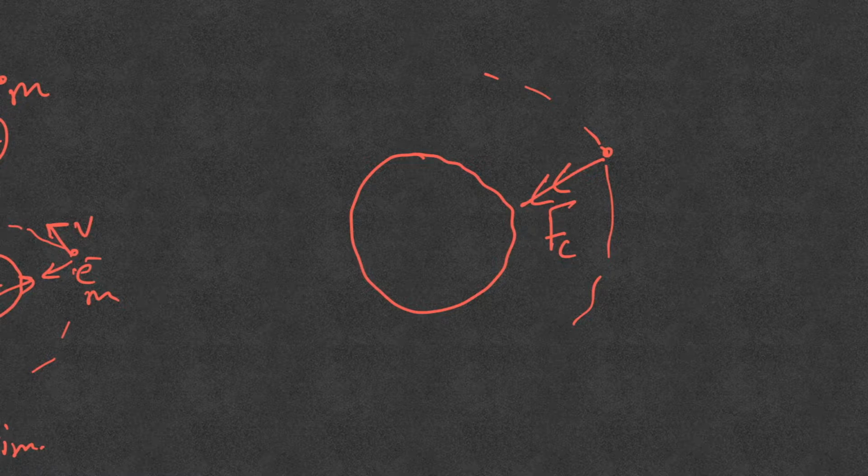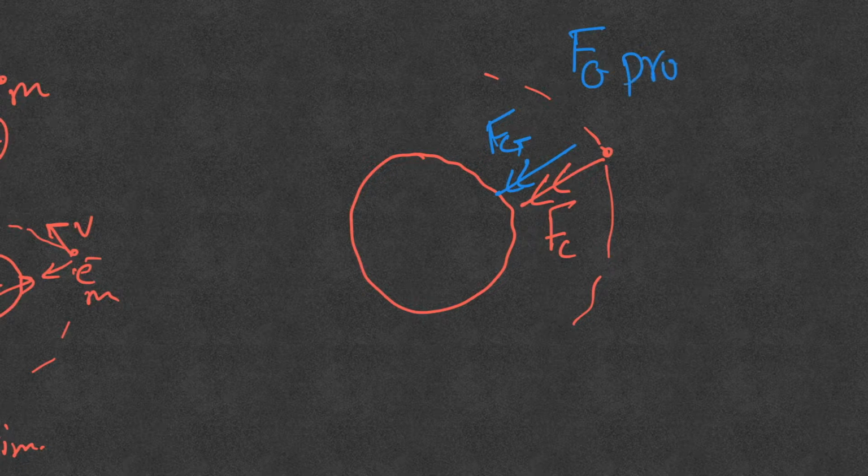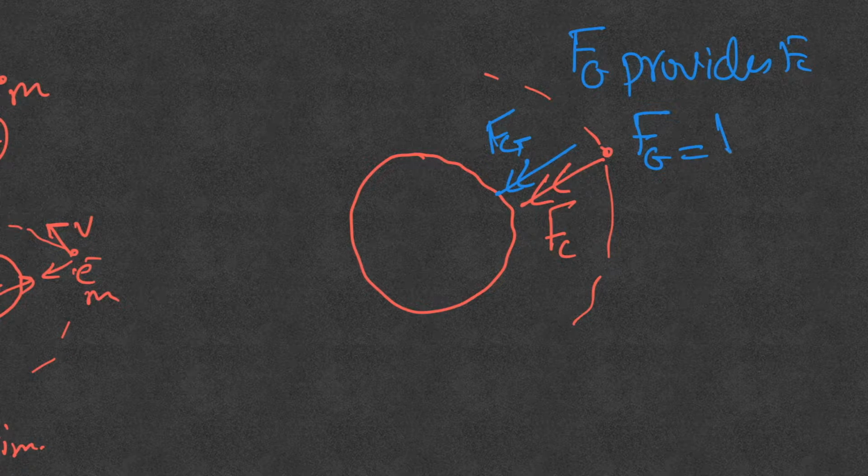And please recall from the previous episode that centripetal force itself is nothing. It's always caused due to something else. So in this case, if your question is, what is causing this centripetal force? You will say that it's the force of gravitation, the force of gravitation which provides the centripetal force Fc. So we write Fg is equals to Fc.